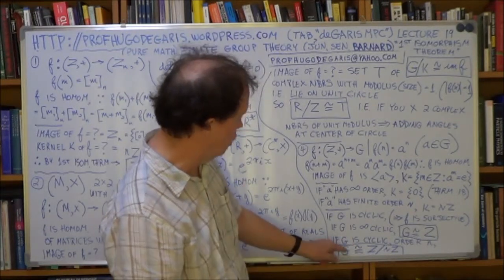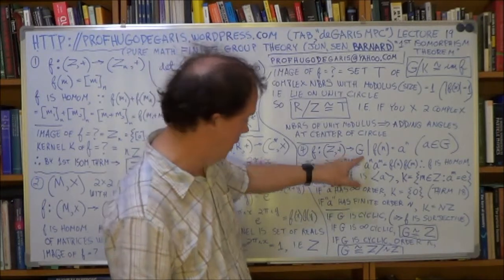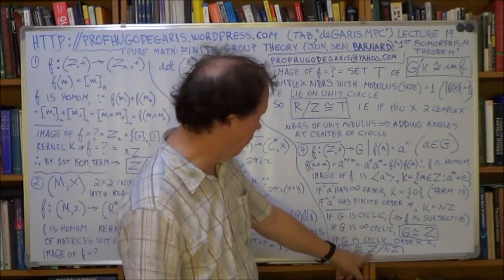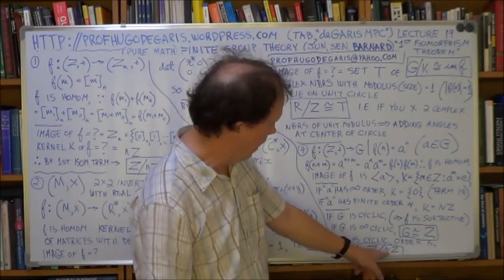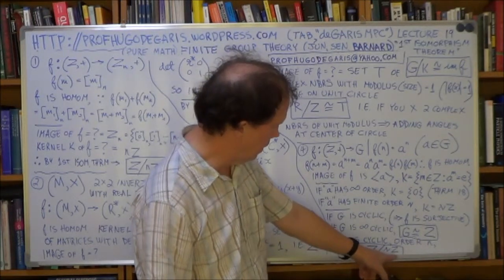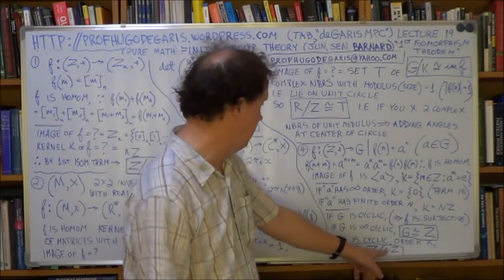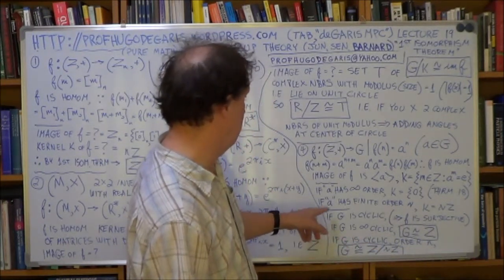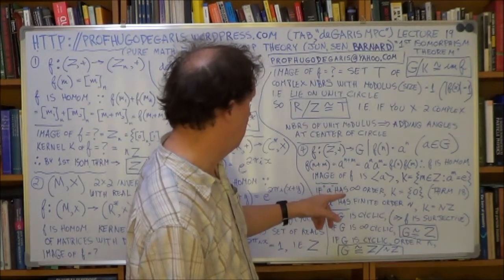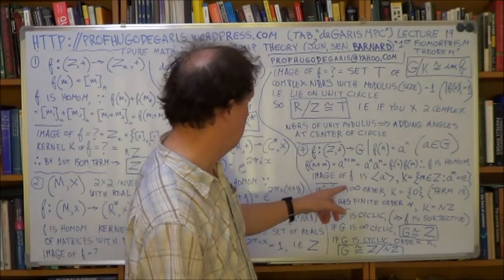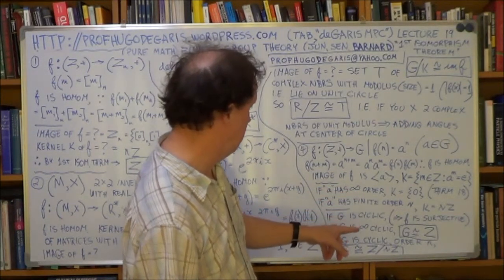Now I can't call it G because that's confusing, because big G here is now the target group. So your starting group, which is the integers, that's your starting group, slash, and this is your kernel. And what is the kernel?